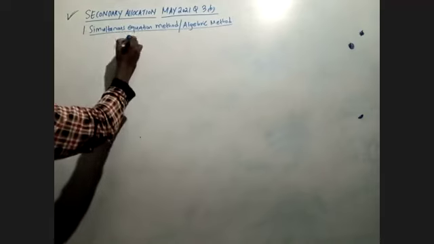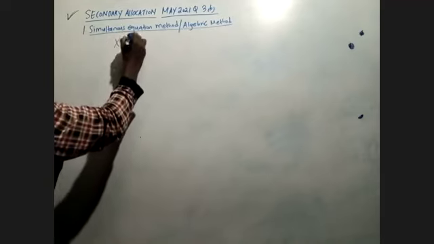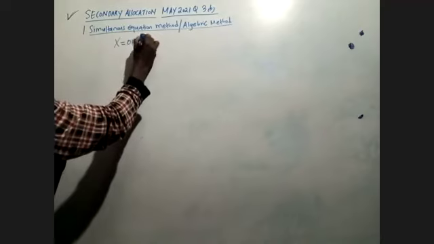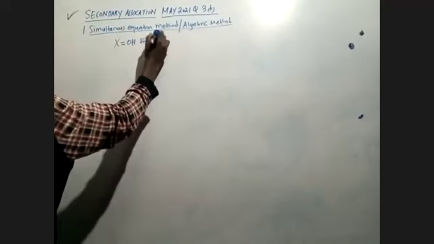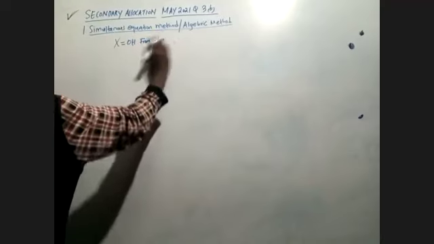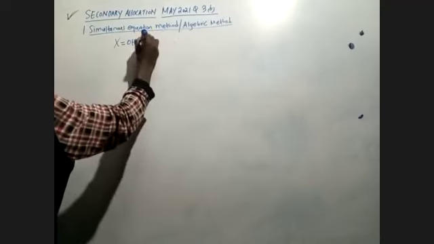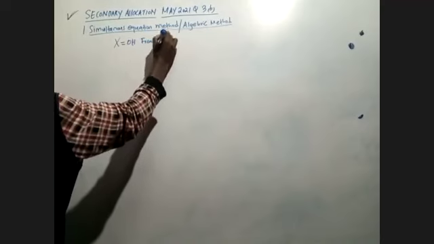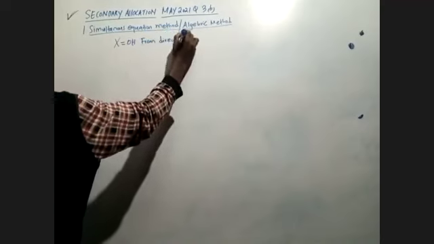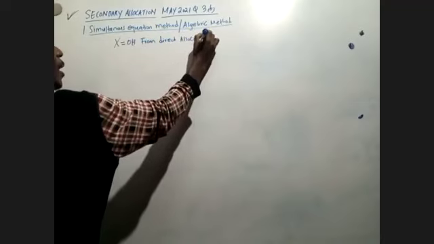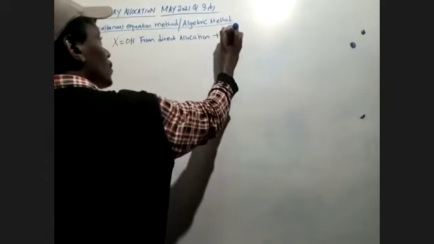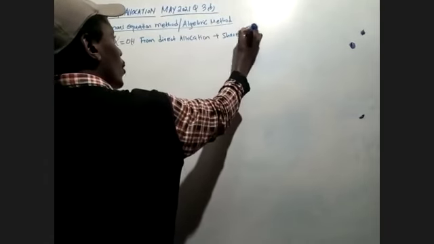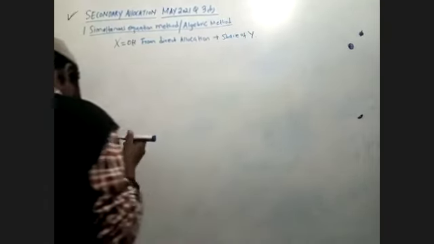Tunasema x is equals to overhead from direct allocation plus share of y.